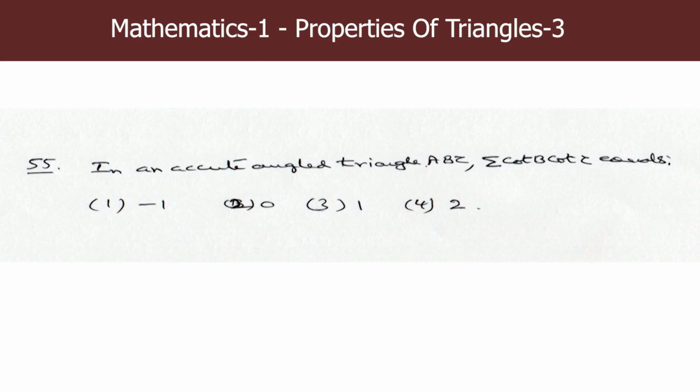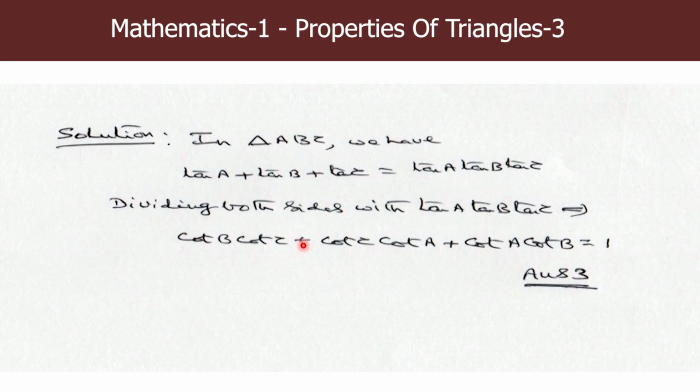In an acute angled triangle ABC, sigma cot B cot C equals: option 1, -1; 2, 0; 3, 1; 4, 2. So in any triangle ABC, we have tan A plus tan B plus tan C is equal to tan A tan B tan C. That is a standard property, because A plus B plus C is equal to 180.